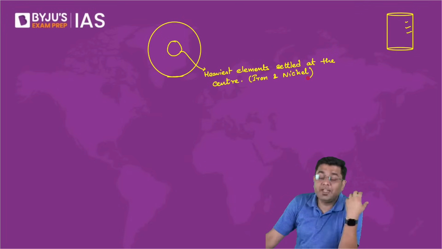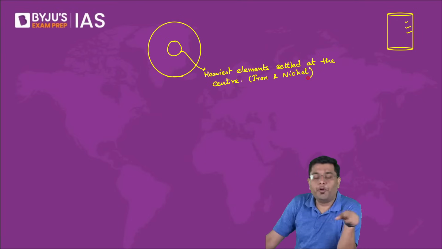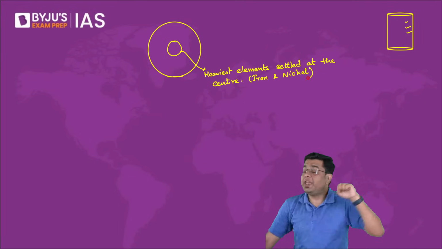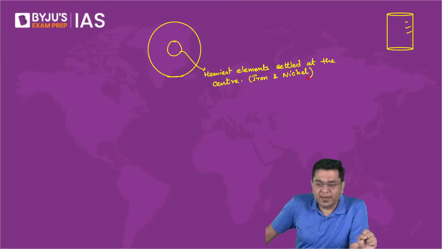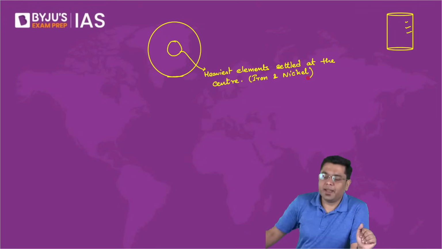Eventually, these planetesimals would combine through collisions and heat, and that would form the earliest form of the planets. Now, planet Earth was in a molten state. The heaviest materials, that is iron and nickel, settled at the bottom. Till today, they form the core. So, I hope till this point it is clear.